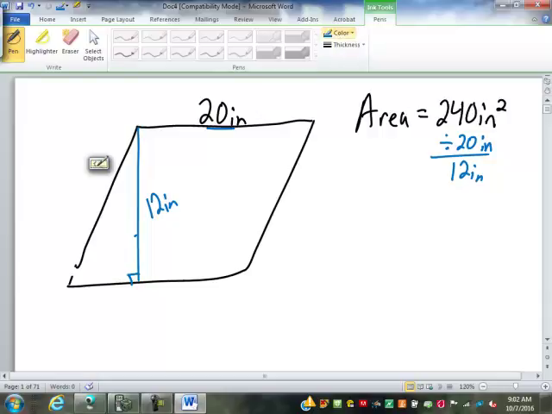Now I would need to give you a little bit more information. I would have to at least tell you that this here is a certain length. So what if I tell you that that is 9 inches there?